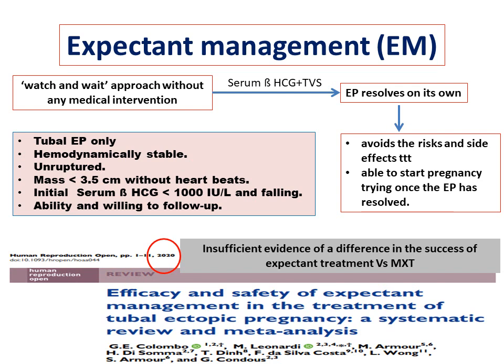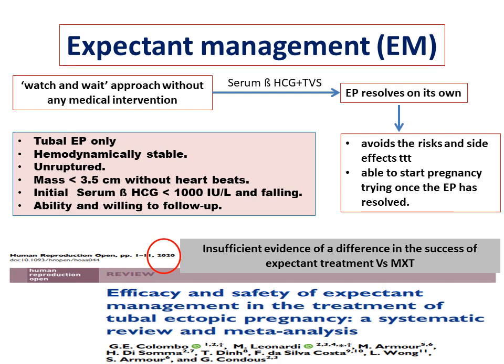If the ectopic pregnancy is only tubal and the patient is hemodynamically stable, without pain, without tenderness, she has unruptured ectopic pregnancy, she has a small mass which is less than 3.5 centimeters without cardiac pulsation, she has initial serum beta HCG less than 1000 international unit per liter and falling with time, and there is ability and willingness of the patient to have strict follow-up in the coming few days.